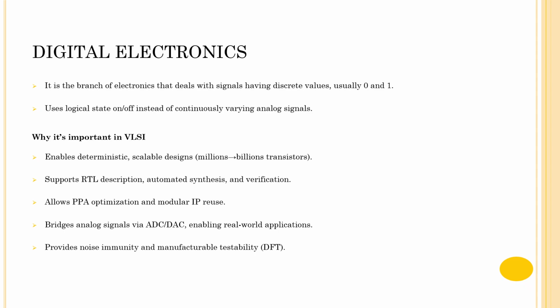Now, in the context of VLSI design, digital electronics plays a foundational role. It enables deterministic and scalable circuit behavior, which means every input pattern always produces a predictable output. This makes simulation and verification possible even for chips with billions of transistors.